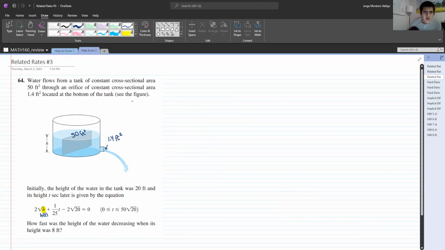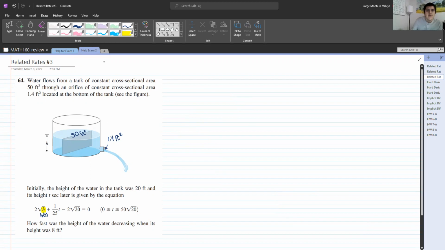Okay, and then they ask, how fast was the height of the water decreasing when its height was 8 feet? So at the moment when the height is 8 feet, how fast is that changing? How fast is it decreasing, going down?